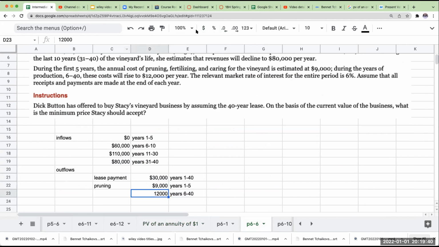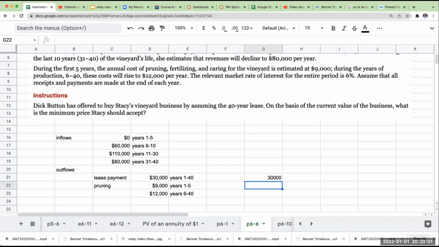When it comes to the outflows, the lease payment is the easy one. I'm on a 6% basis, so if I took 30,000, what is this going to cost me in terms of going back to today's dollars?